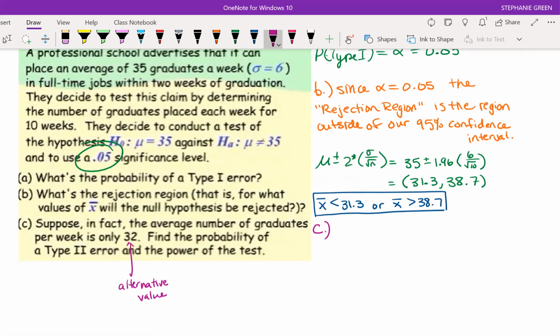To do this, we need to find the probability that our X bar is within our 95% confidence interval, given our alternative value.